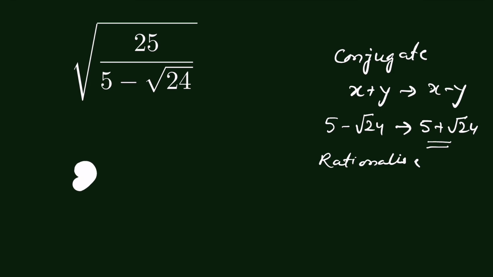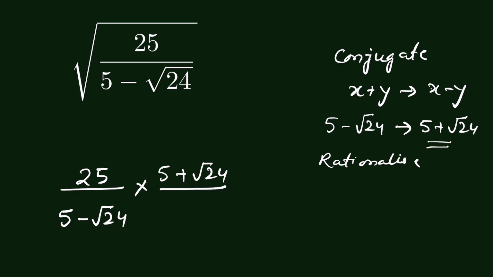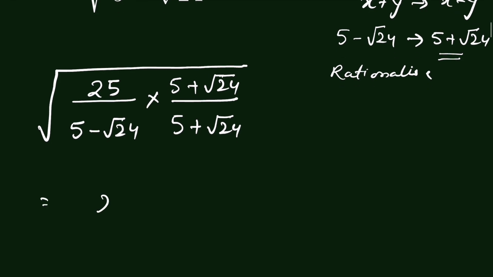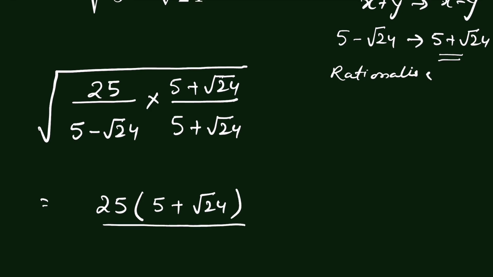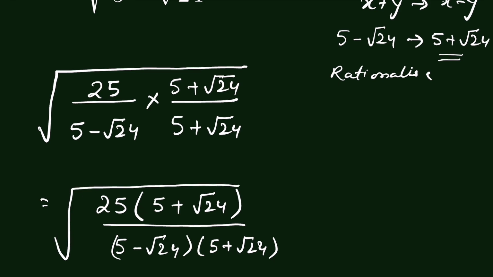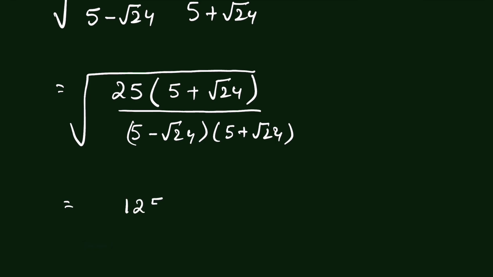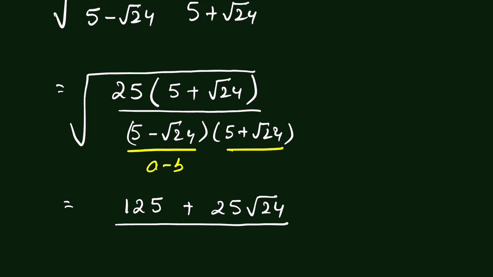Now let's rationalize it. So it will be 25 upon 5 minus square root of 24 times 5 plus square root of 24 upon 5 plus square root of 24, all under square root, or it is 25 times 5 plus square root of 24 upon 5 minus square root of 24 times 5 plus square root of 24, all under square root, or it is 25 times 5 is 125 plus 25 times square root of 24 upon, it is in the form of difference of squares, a minus b times a plus b.